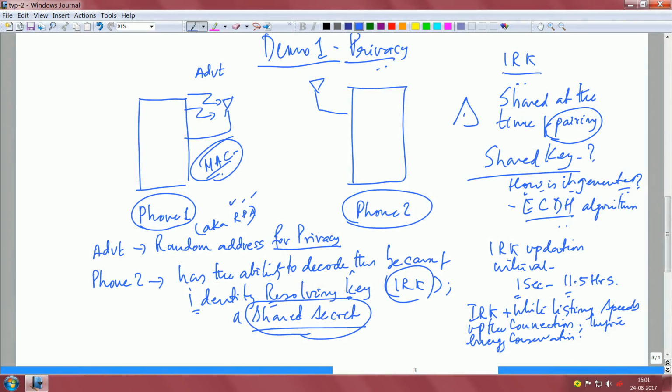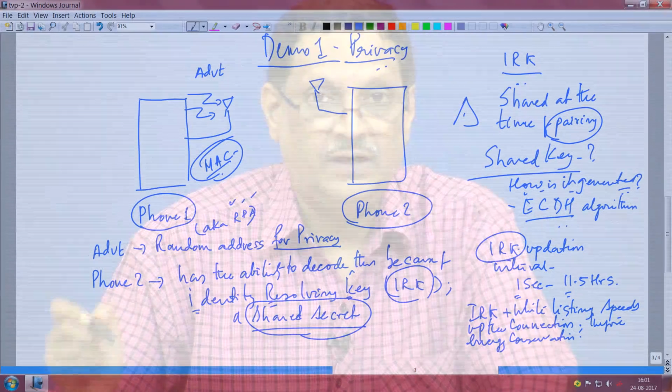For instance, if you are in a public place, you perhaps want to keep changing the IRK very often. With many devices, you do not know what kind of devices are around you, who are hackers, who are listening to you. So, depending on where you are, you may want to change the IRK as often as possible.